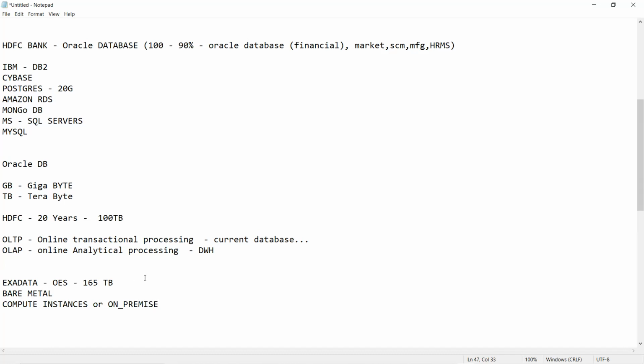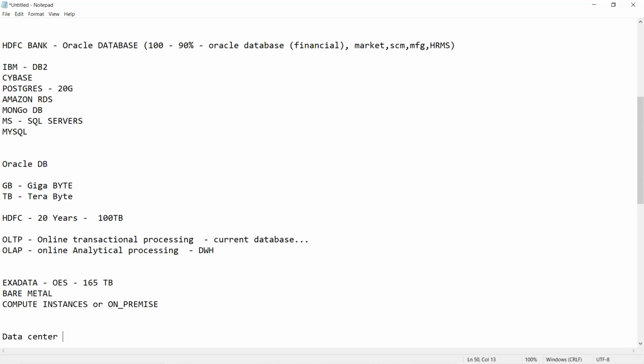The servers located on the client side or Oracle side are kept in a building called a data center.